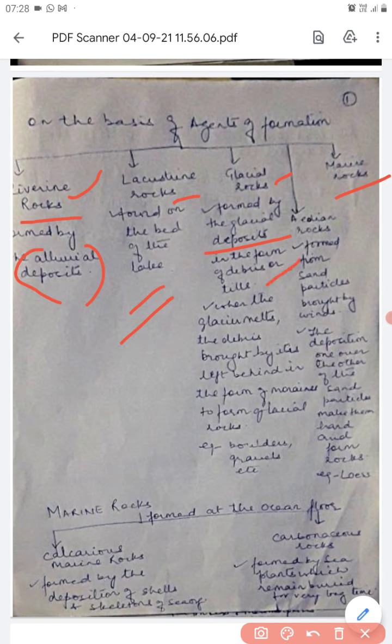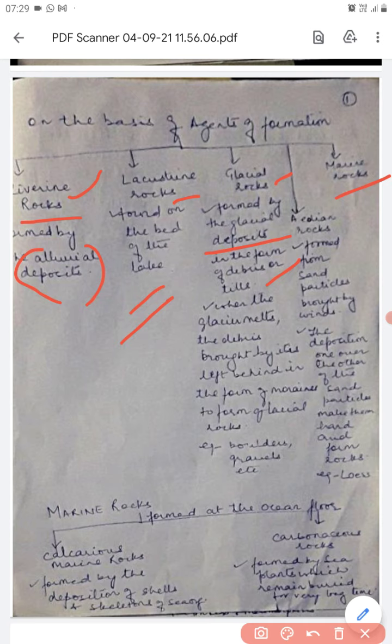When the glacier melts, the debris, that means the waste products which come out through the glacial melting, are left behind and collected to form glacial rocks such as boulders, gravels, etc.